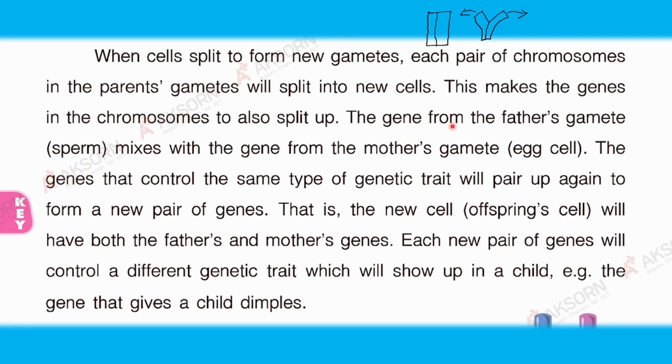The gene from the father's gamete, sperm, mixes with the gene from the mother's gamete, egg cell. The genes that control the same type of genetic trait will pair up again to form a new pair of genes.